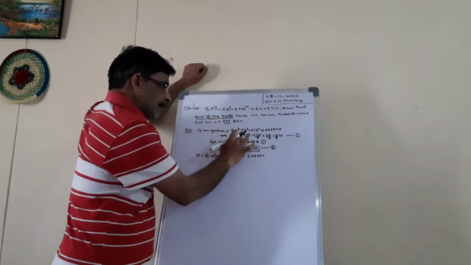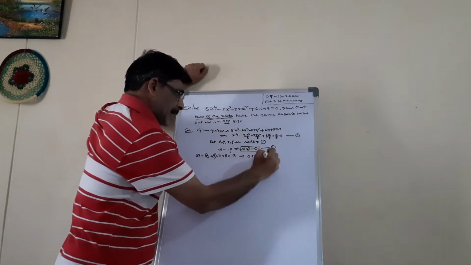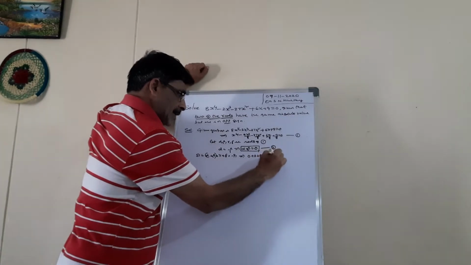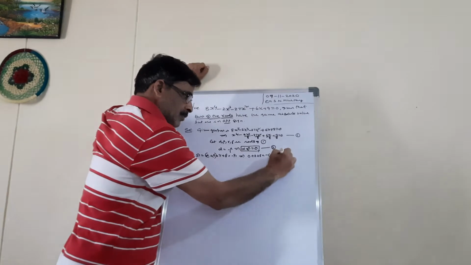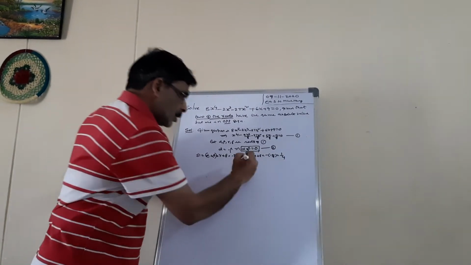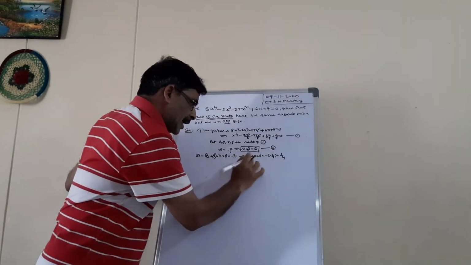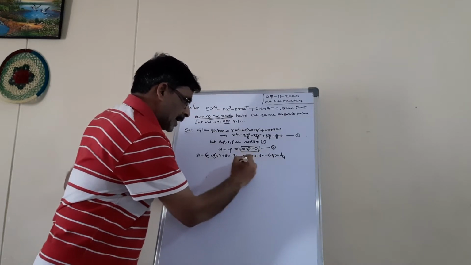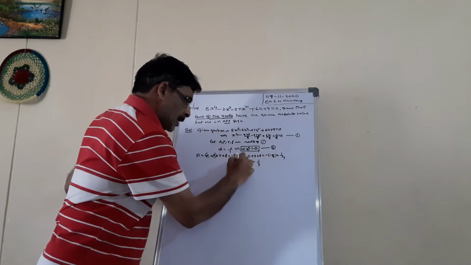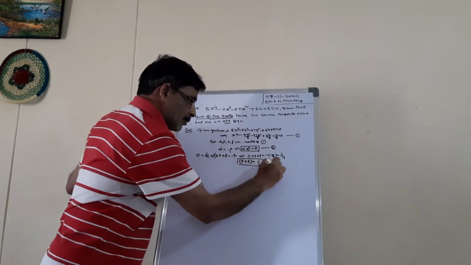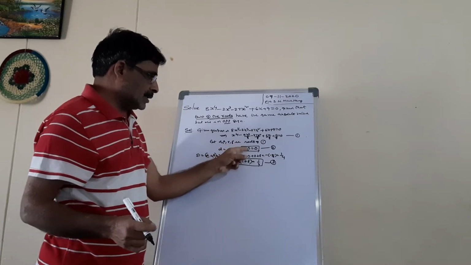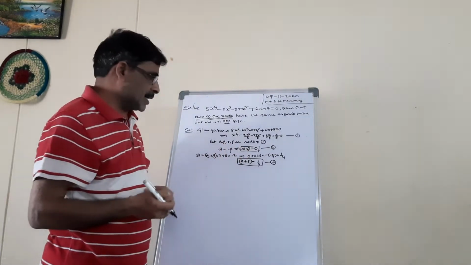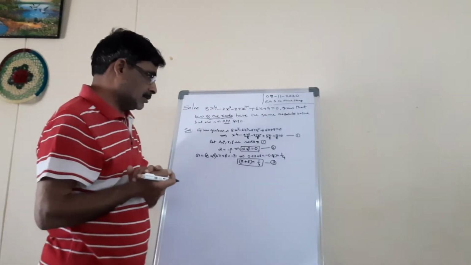Minus P1 means minus of minus 2 by 8, which means 2 by 8, equal to 1 by 4. So we now have gamma plus delta equal to 1 by 4. We have one more equation. This is the equation between alpha and beta, and this is gamma and delta.